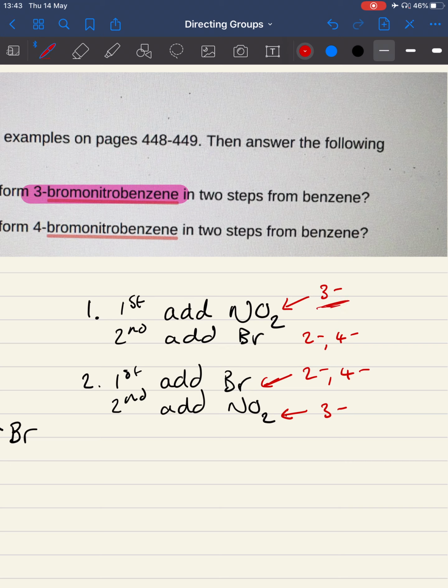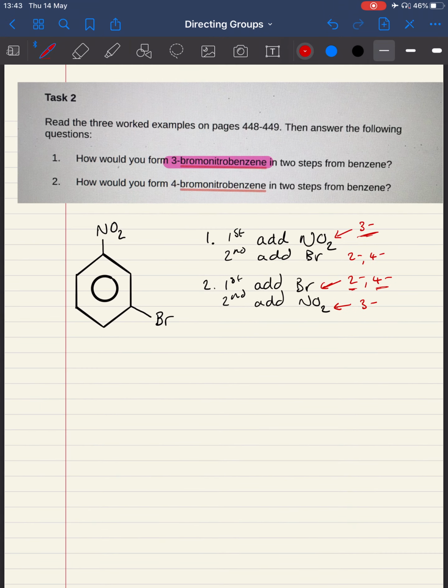If we were to substitute in Br first, then any subsequent substitutions would go to the 2nd or the 4th location. Going back to this compound, 3-bromo-nitrobenzene. Bromine is on the 3rd carbon. So we must first nitrate, then we can brominate.